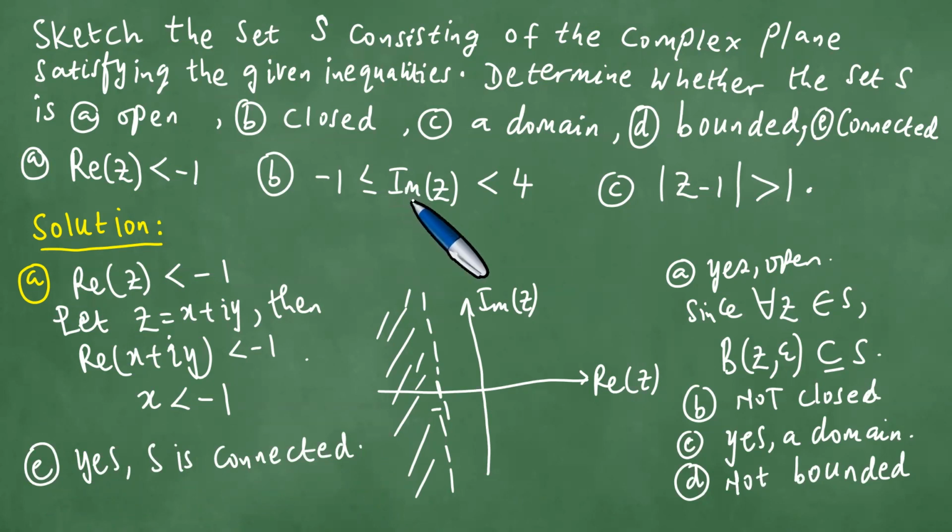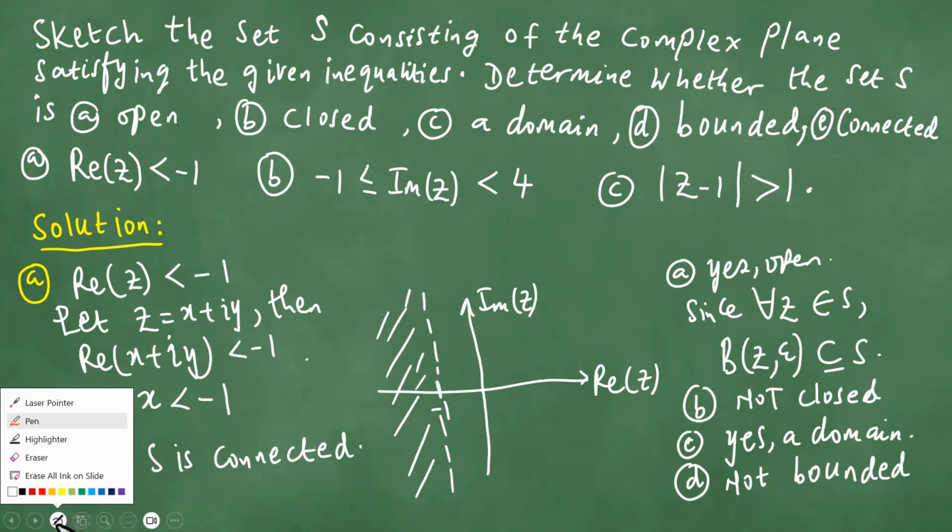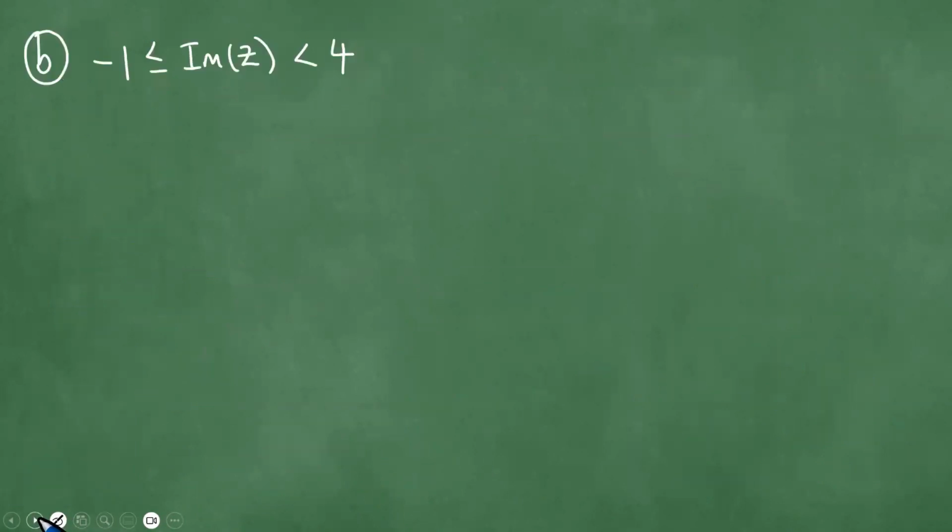What about the imaginary part? Let's first sketch the set B on the next board. To sketch this one, we begin by saying let Z be X plus iY.